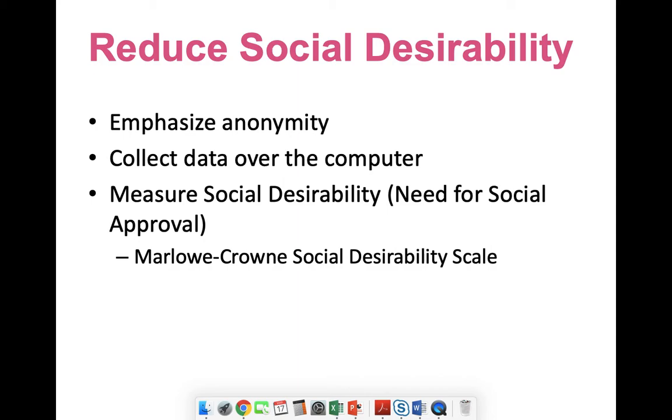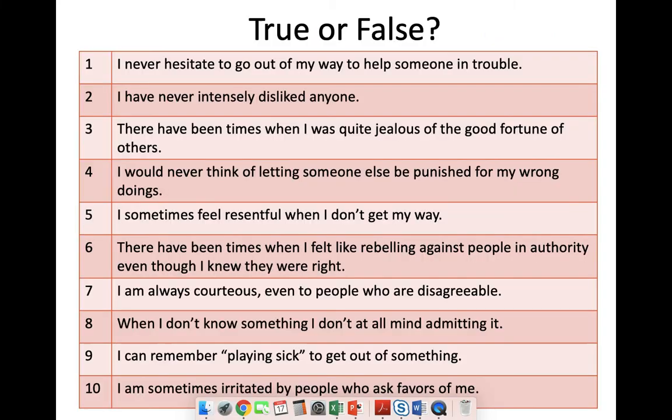But getting back to the idea of well, how might you know whether people are high in need for social approval and that might answer in social desirability ways? One thing that can be done is to include a measure of social desirability. And one such measure is called the Marlowe-Crowne Social Desirability Scale.